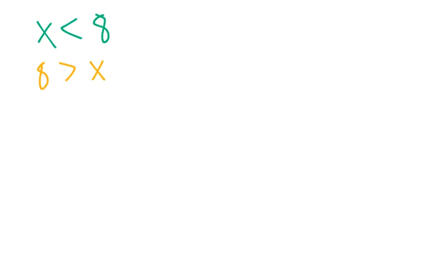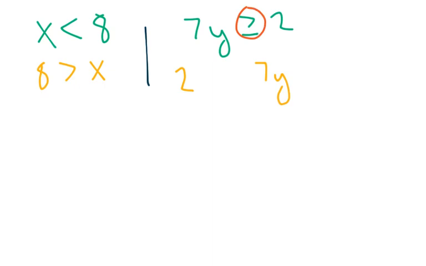So another example of that is if I have 7y is greater than or equal to 2. If I wanted for some reason the 2 to be on the other side, I could do that, and then I put the 7y on the other side, but then I have to flip this symbol to match what was on the sides of that symbol to begin with.